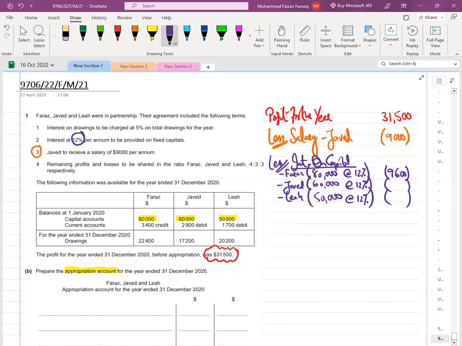Then 60,000 into 12% is 7,200. 50,000 into 12% is 6,000.